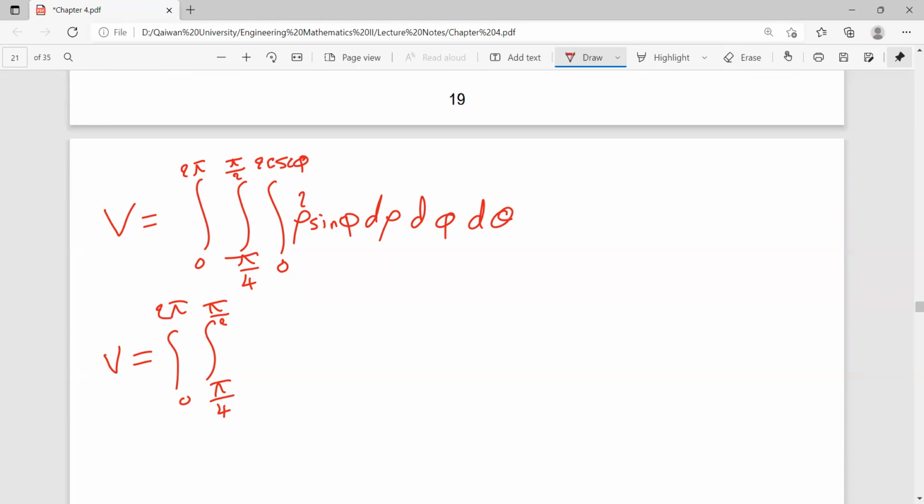Then the integration of this function with respect to rho is rho cubed over 3 sine phi, where rho is from 0 to 2 over sine phi, or 2 cosecant phi. It's the same, since cosecant phi equals 1 over sine phi.